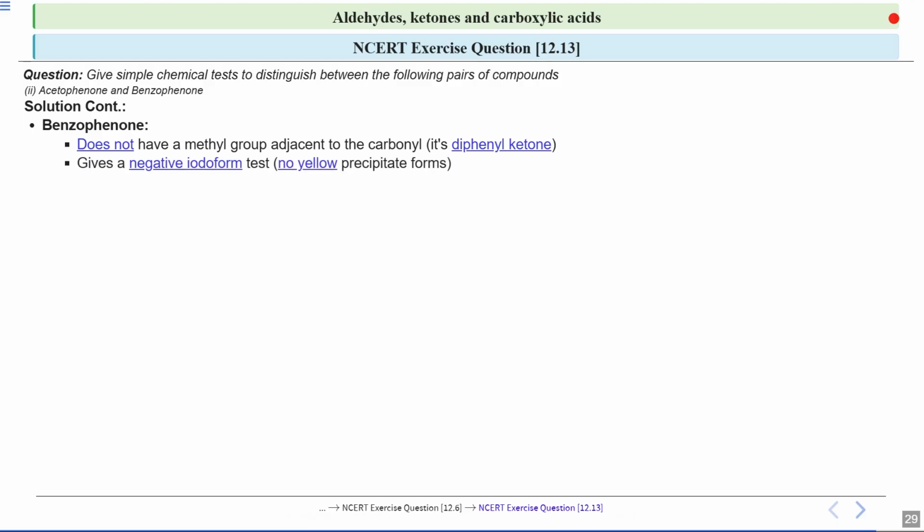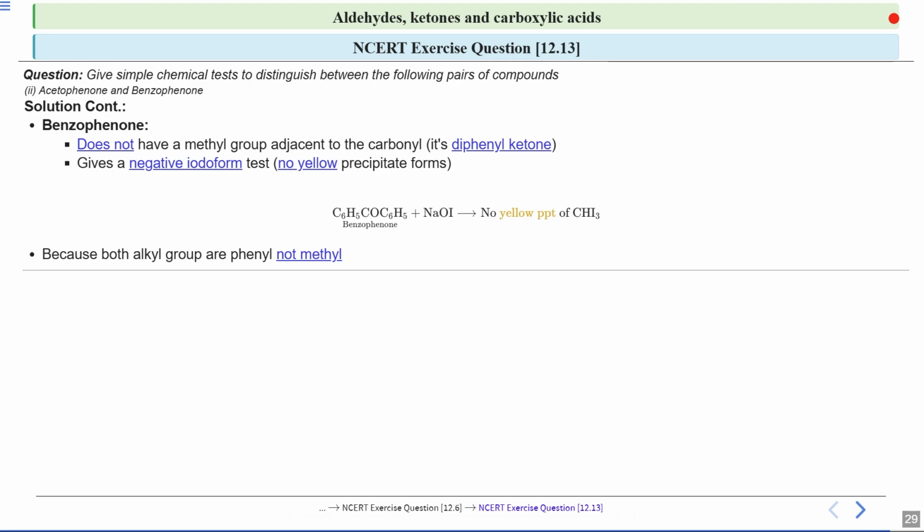Because of this structure, benzophenone gives a negative iodoform test. When benzophenone reacts with sodium hypoiodide, there is no yellow precipitate of triiodomethane, CHI3. This negative result helps us identify benzophenone, since only compounds with a methyl group next to the carbonyl will give a positive iodoform test.